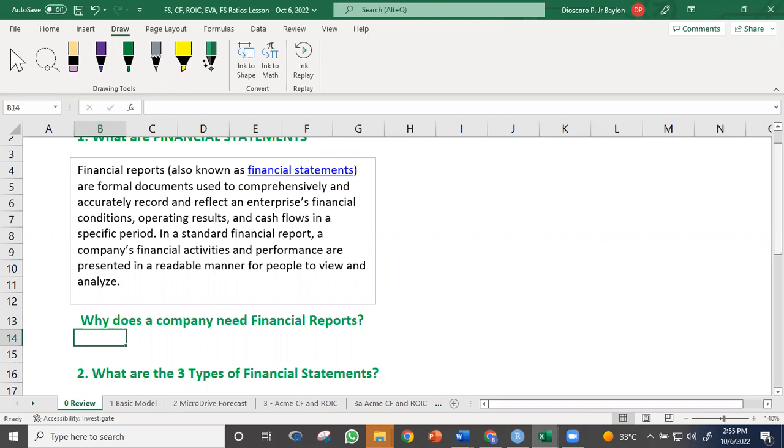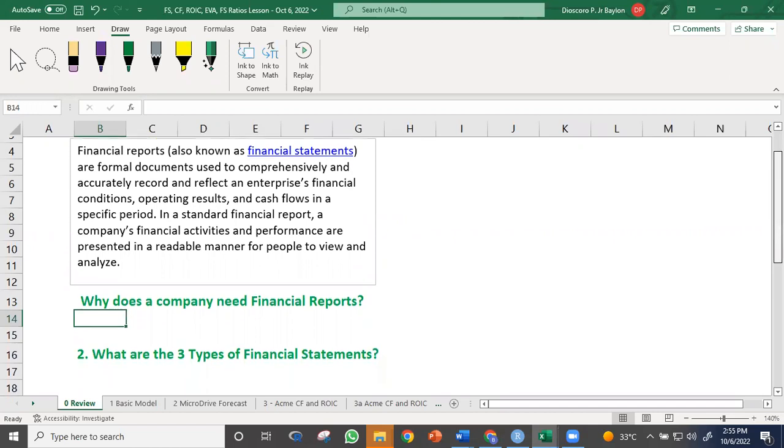Or if they're going to lend, then they might charge a higher interest rate because they will be assuming a greater amount of risk. And that's very consistent with the principle of risk and return, right?